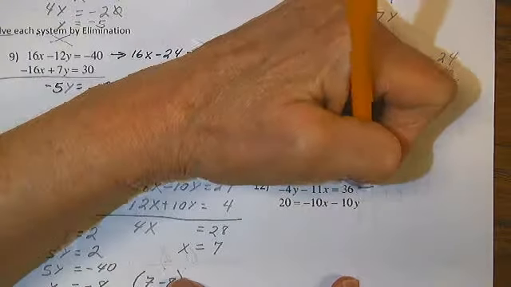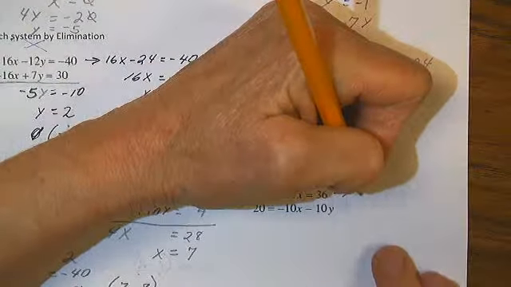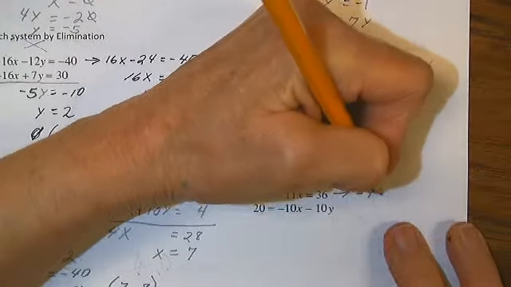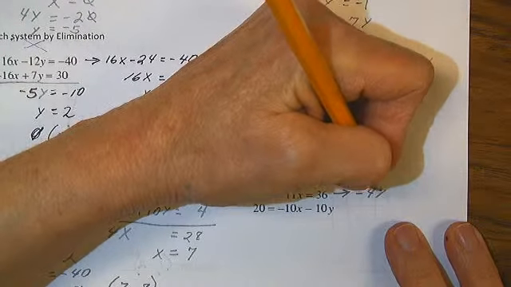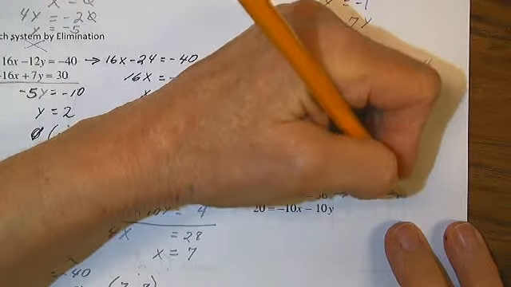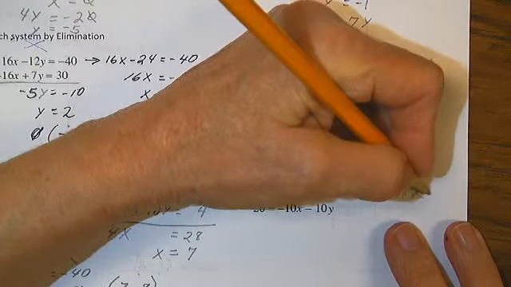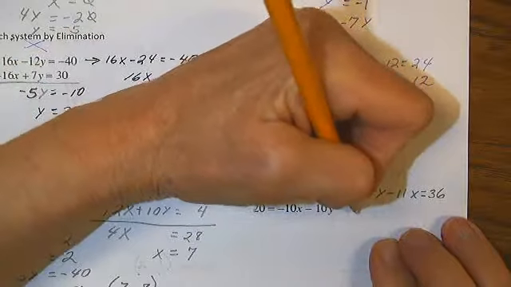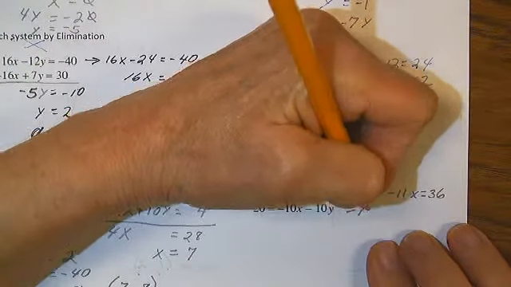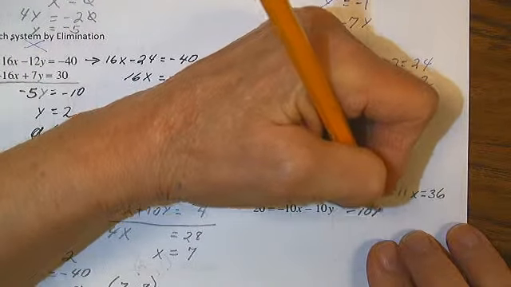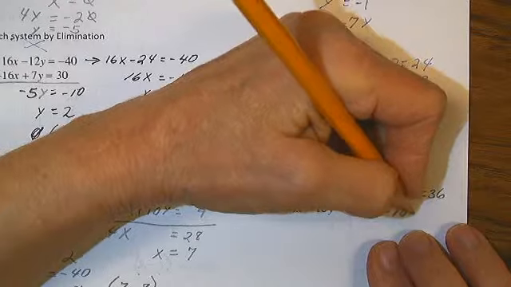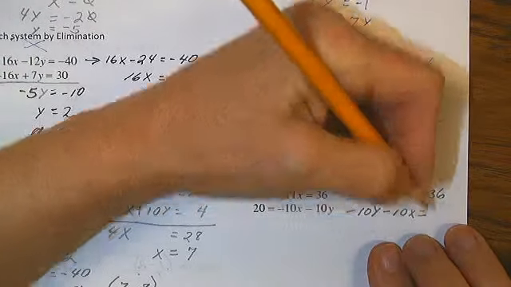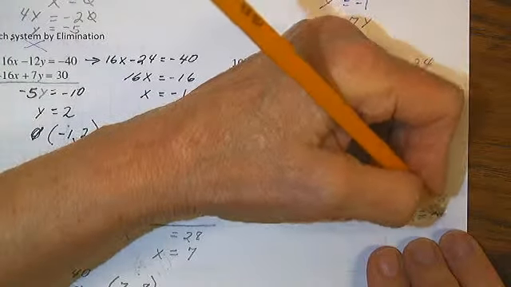What do we have? We have negative 4y minus 11x equals 36. We also have minus 10y minus 10x equals 20.